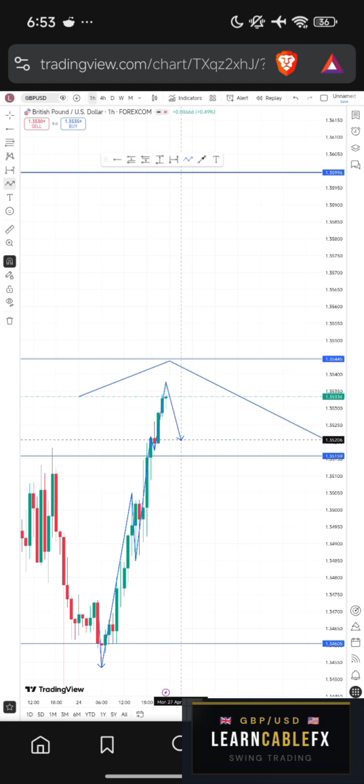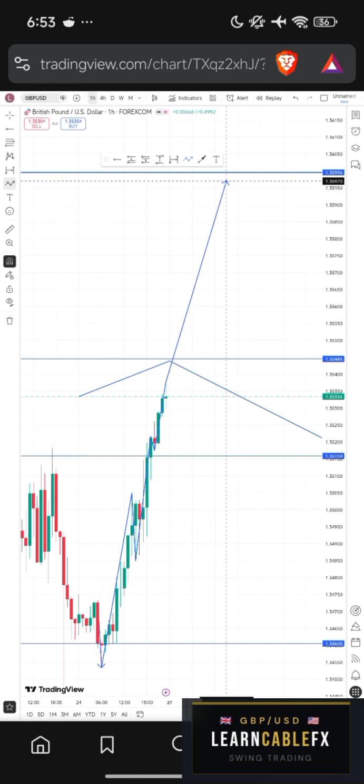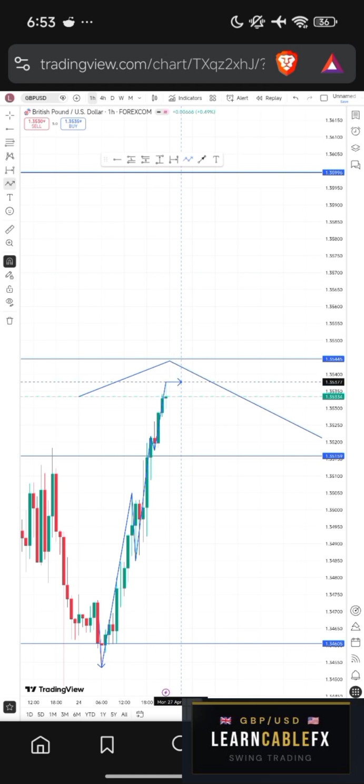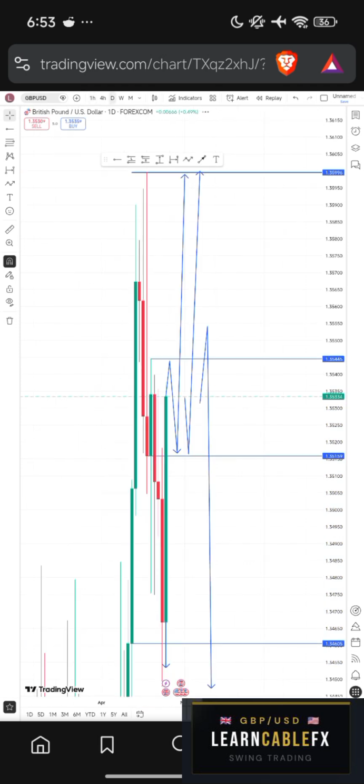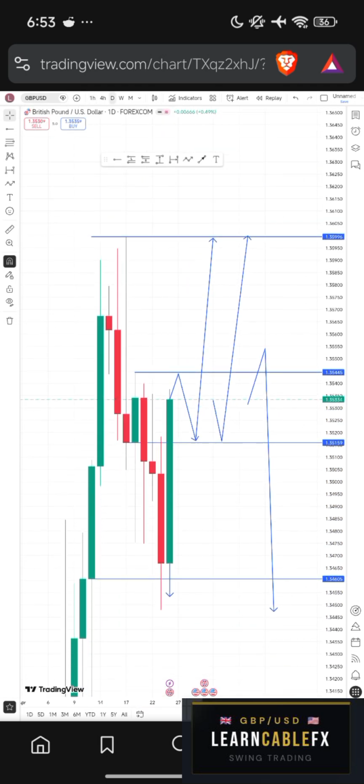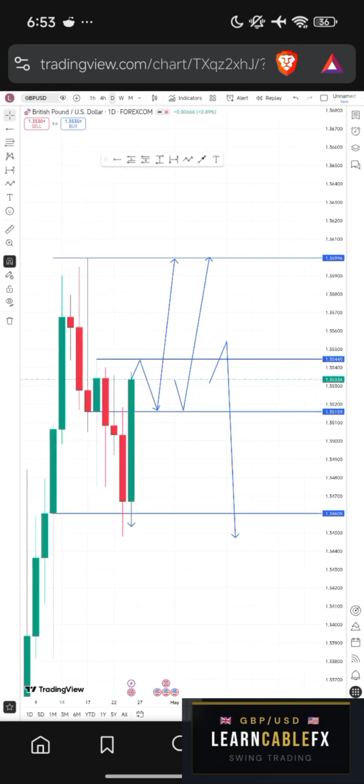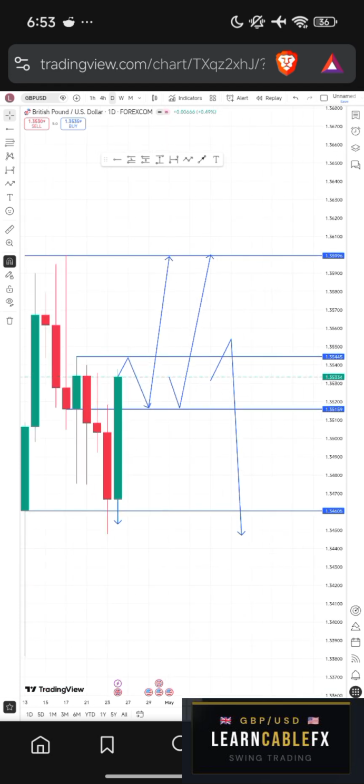So maybe price might just come, sweep this low, retest this level, and continue upwards. But we'll see what will happen when the market opens. So on the daily time frame, this is what I'll be looking out for.